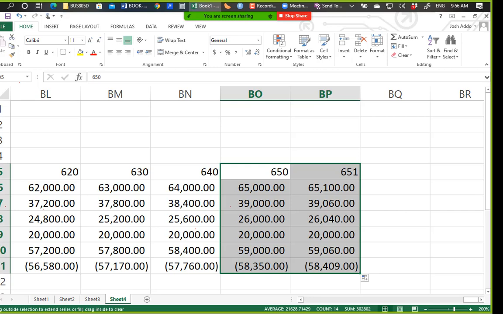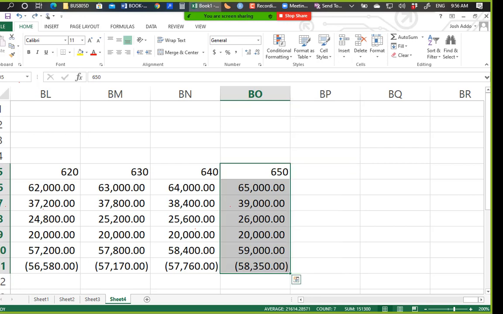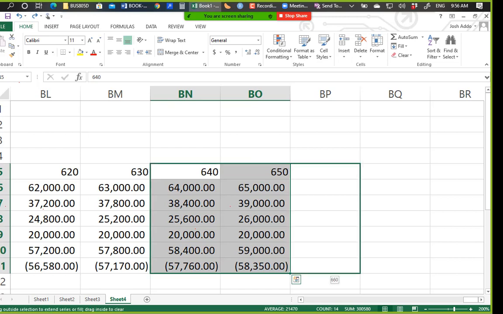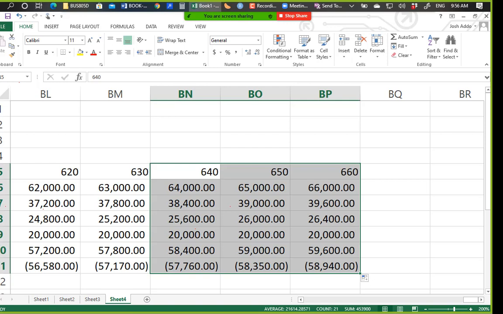Oh, damn it, this one is going to give me a problem. So let me do it like this and see if it will work that way. Okay. That is fine. So I maintain the 10-10 difference.